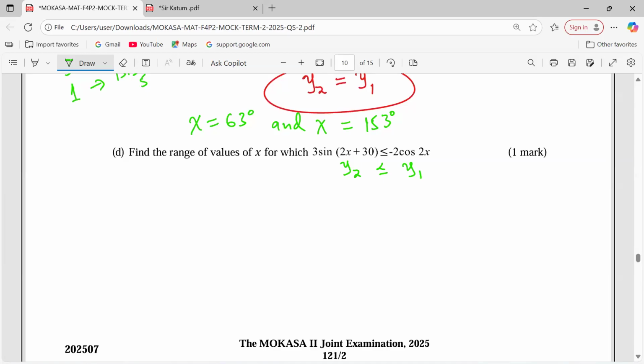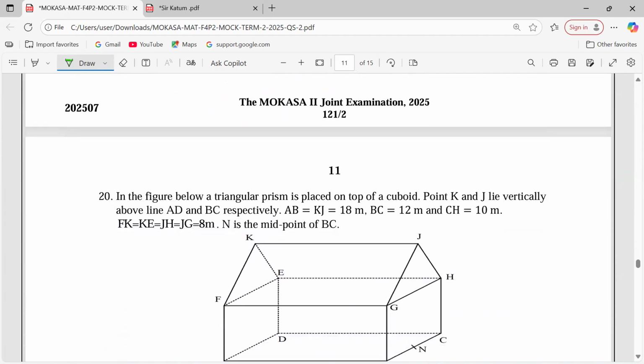The range of values of x is between where the two curves are equal. Therefore, the values of x start from 63 and end at 153. That is the range within which the two curves are either equal or the second one is greater. So that is the range we give.